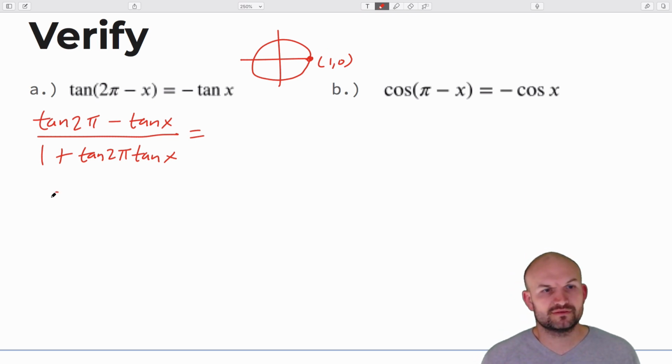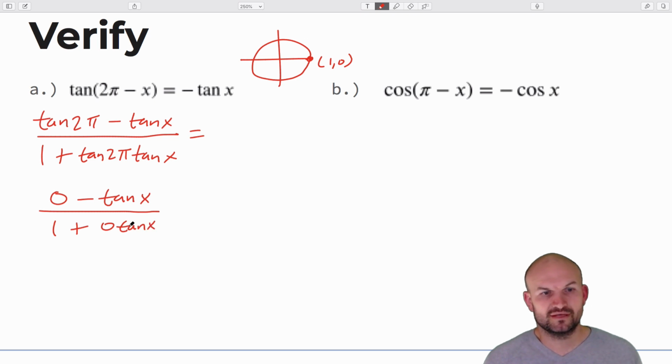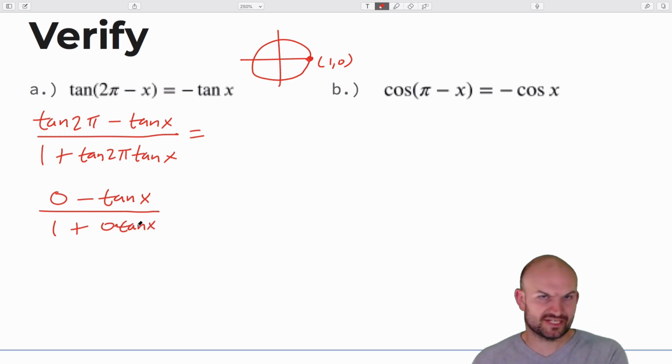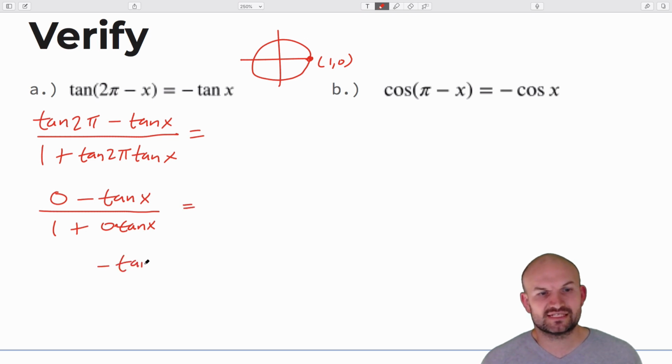So that will be 0 minus tangent of x all over 1 plus 0 times tangent of x. Obviously, 0 times tangent of x is 0, plus 1, and therefore that's going to leave us with a simplified version of negative tangent of x, which is exactly what we were looking for.